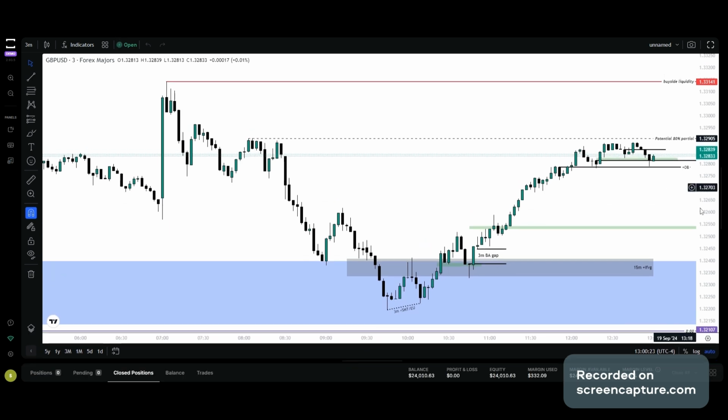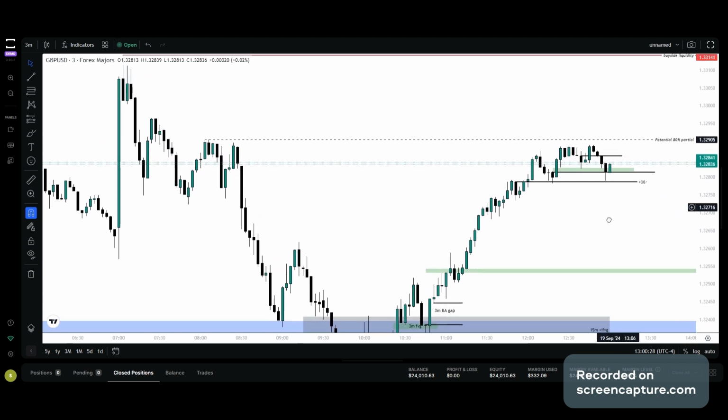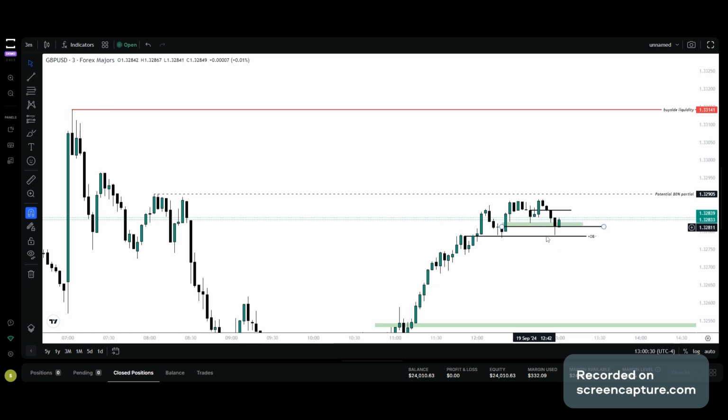Instead of making 120, I made 50 something dollars for today. Look at that. I respected that imbalance. But it still has this Sibby here. But I'm done. Done for today.